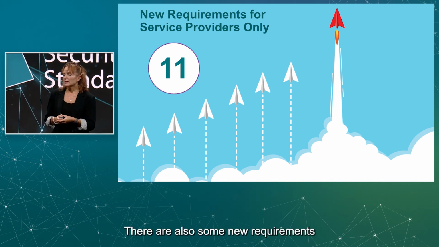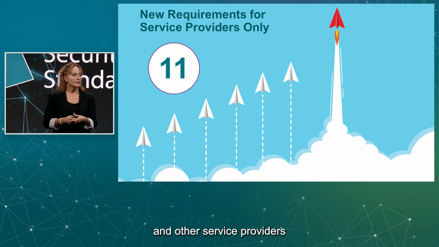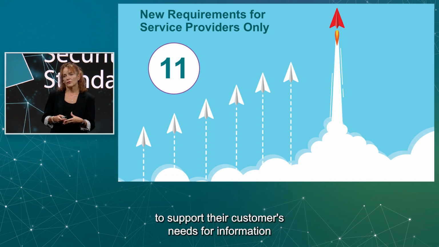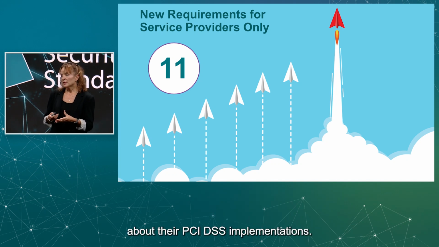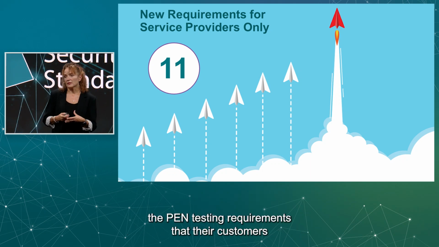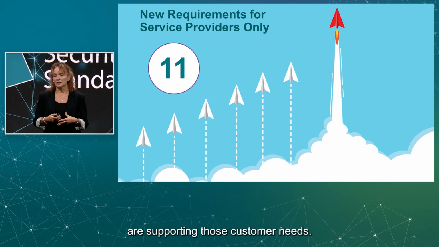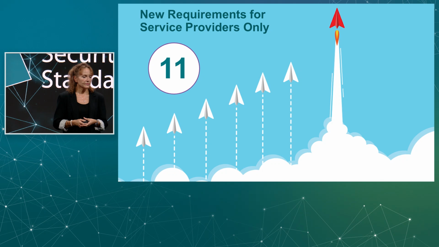There are also some new requirements for multi-tenant service providers and other service providers to support their customers' needs for information about their PCI DSS implementations, and for example, especially in a multi-tenant scenario, the pen testing requirements that their customers may have to meet PCI DSS, to make sure that those service providers are supporting those customer needs.